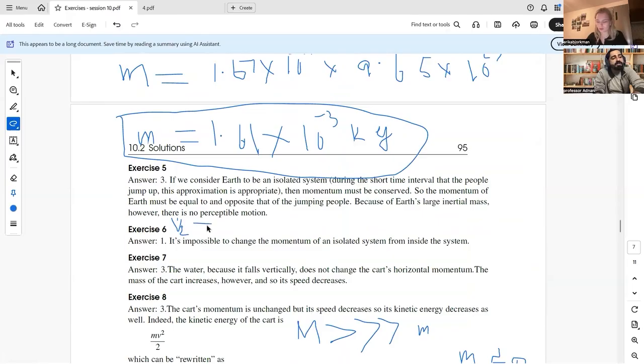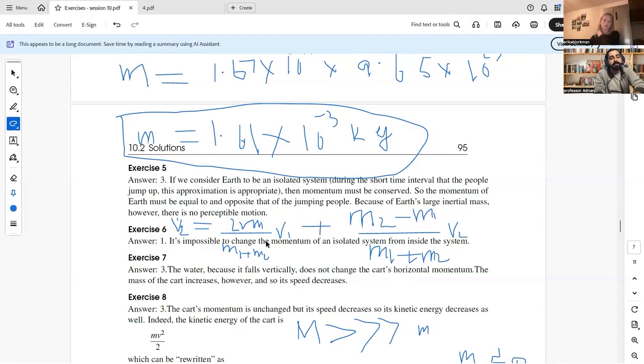Then V2 prime is equal to 2m1 over m1 plus m2 into v1, plus m2 minus m1 over m1 plus m2 into v2. These relations are with us, they will never leave us. So V1 is the velocity of the spacecraft, V2 is the velocity of the hydrogen atom, M1 is the mass of the spacecraft, and M2 is the mass of the hydrogen atom.